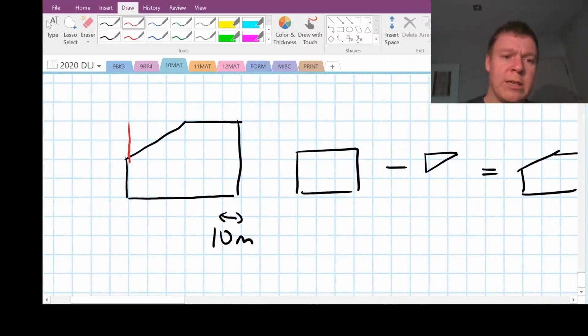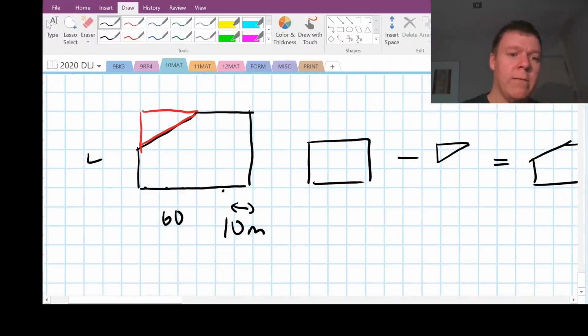So I'll just extend that there. Okay, so the rectangle is 10, 20, 30, 40, 50, 60. 60 by 40. And over here, the triangle is 30 by 20.